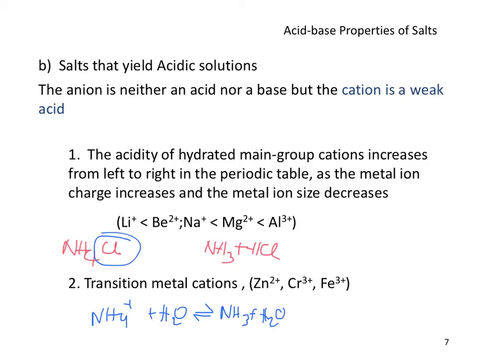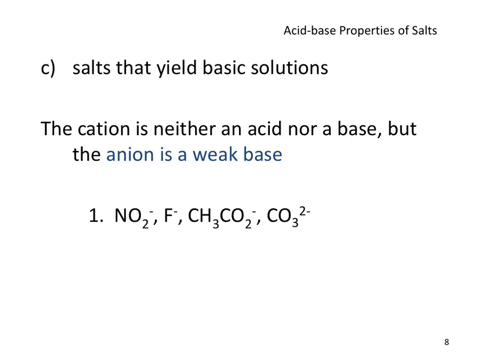They have a high charge, so they will go through hydration as well. In this case, recall this concept from chapter 11 as well. Now, if you consider something like sodium acetate, that would generate a basic solution because the cation part is neither acid nor base. So consider sodium acetate.